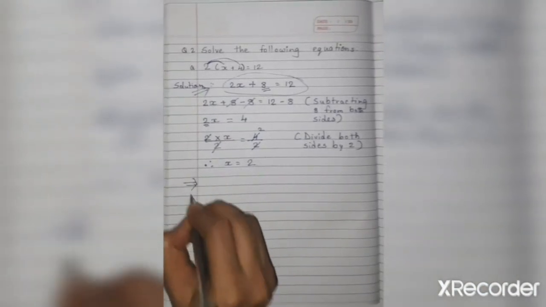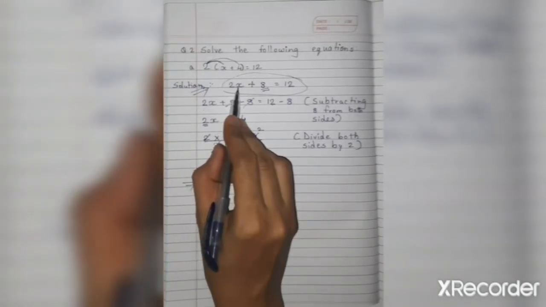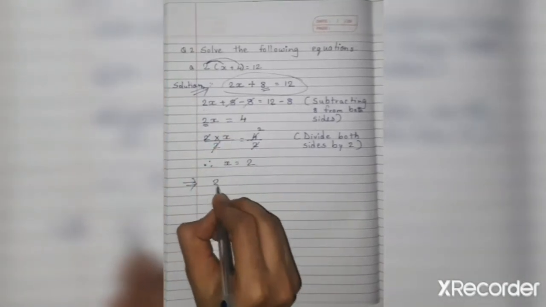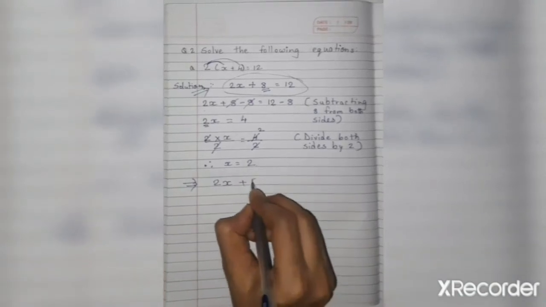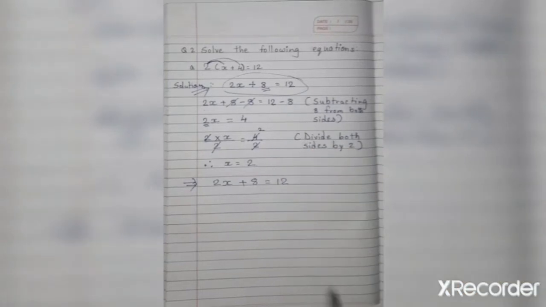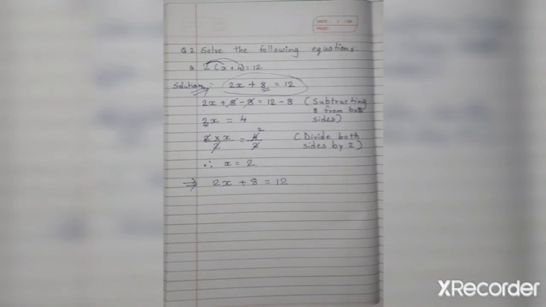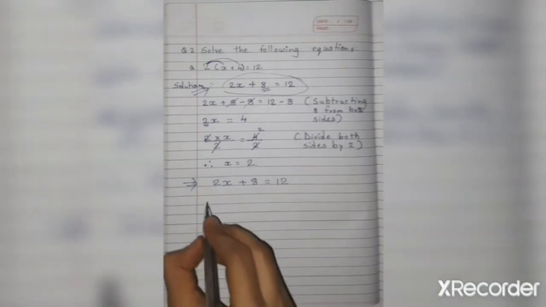Now let's do transposing method, second method. Directly I will write this step. The equation 2x plus 8 equals to 12, because this step is same in both the methods. Transposing method means transferring numbers from right hand side to left hand side and from left hand side to right hand side.